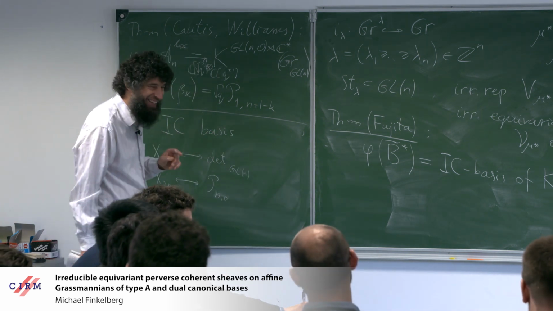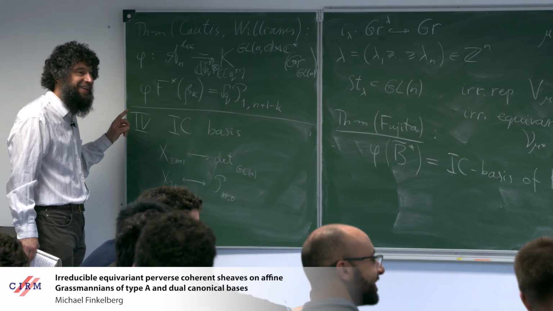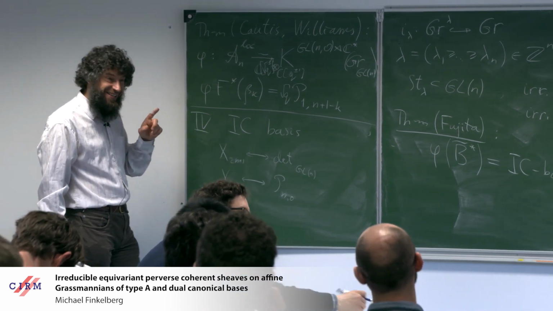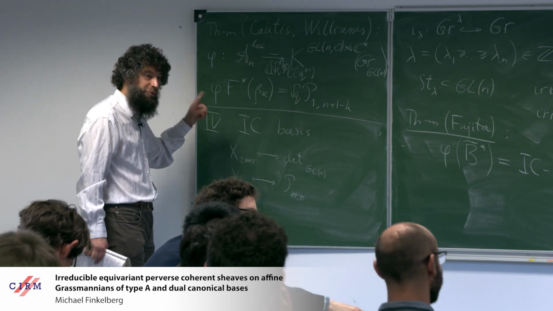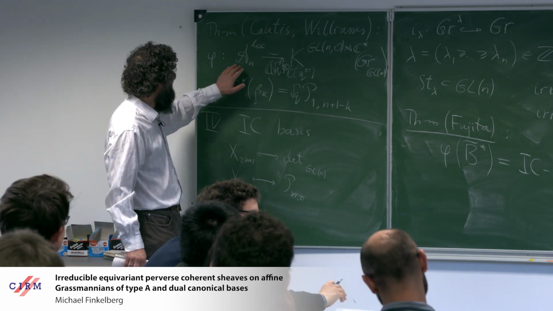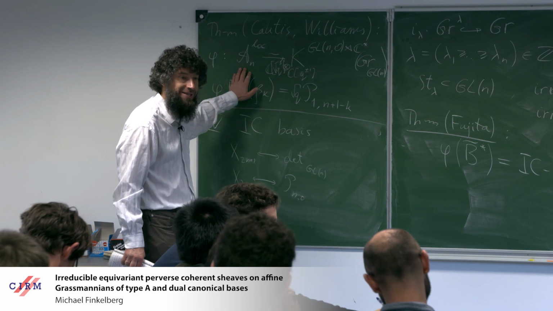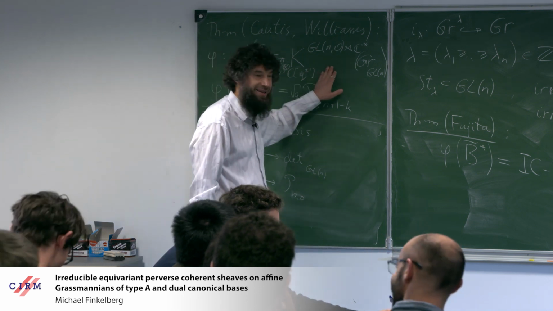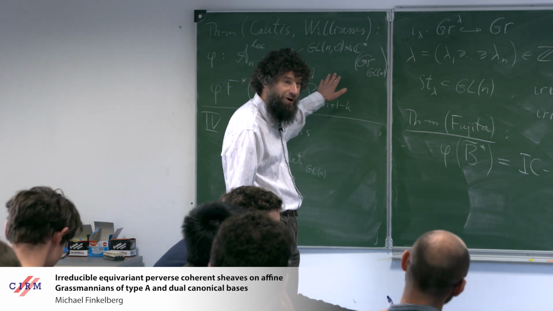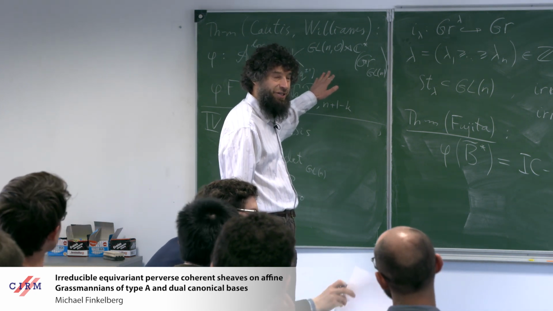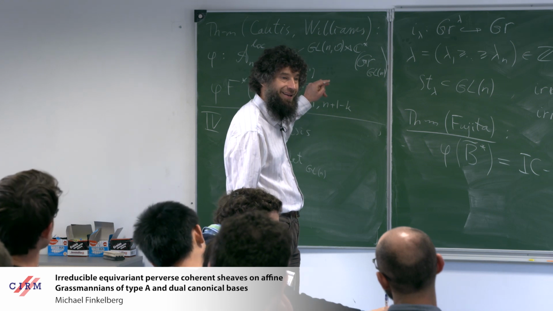right. But they, as Hirako mentioned, they do prove that under this isomorphism, all the cluster monomials go to IC bases here. But there are many more IC sheaves than just images of cluster monomials.